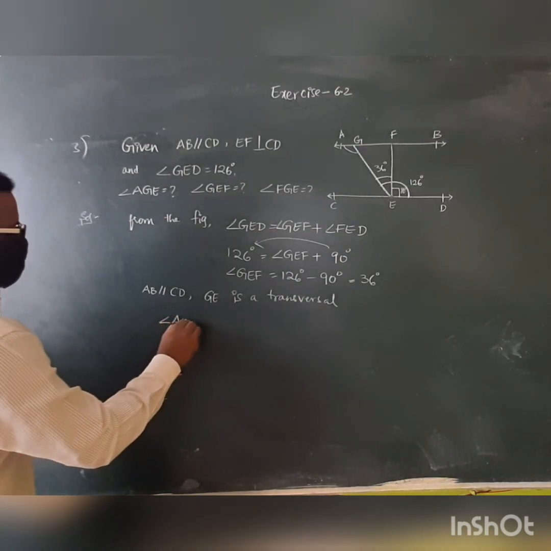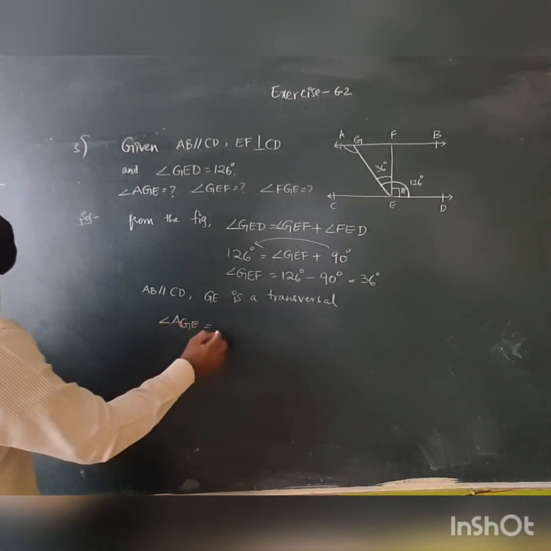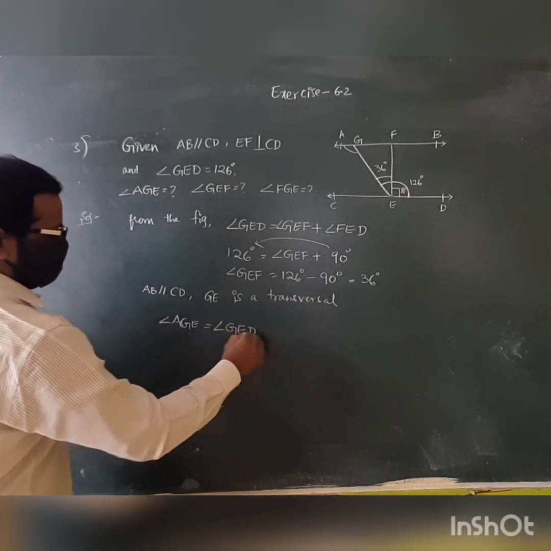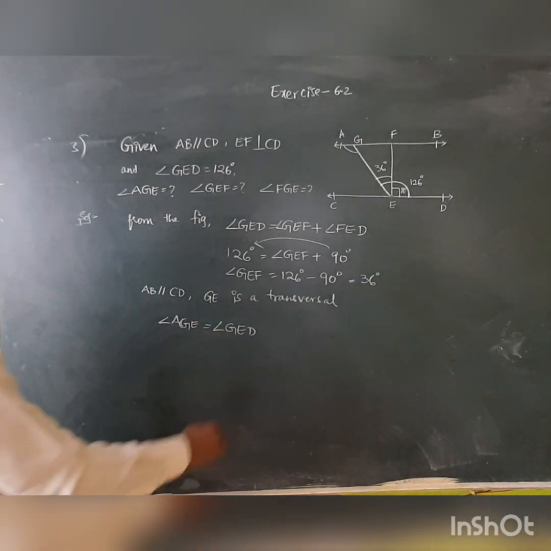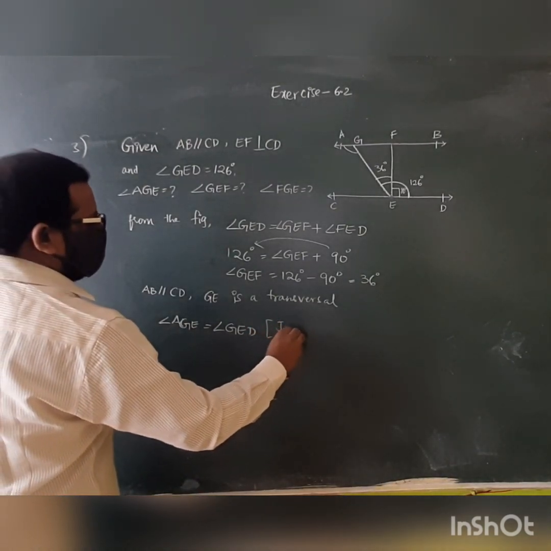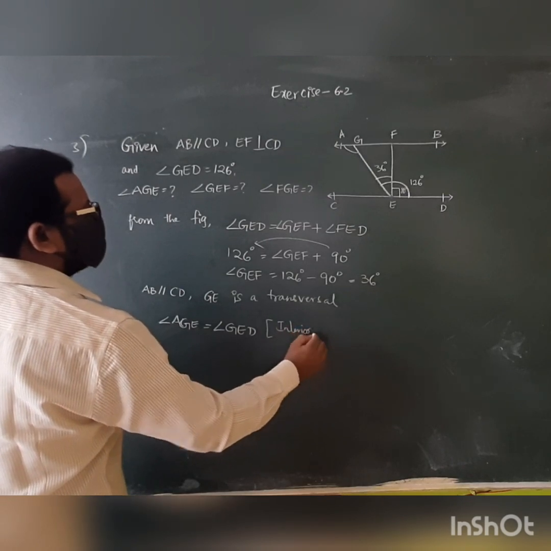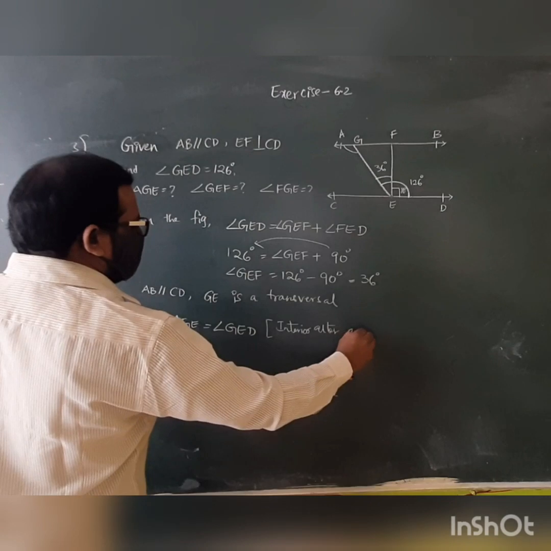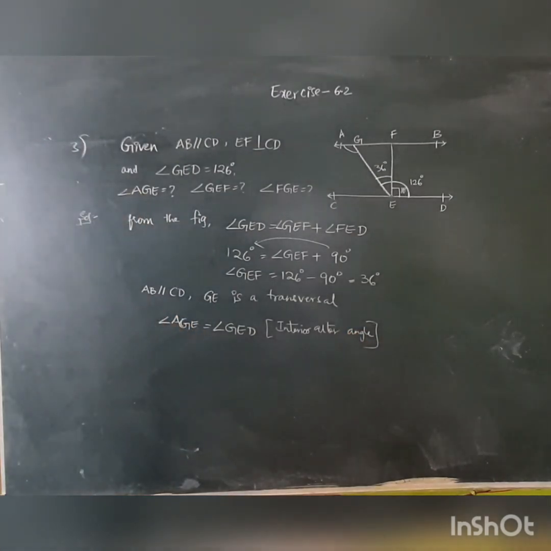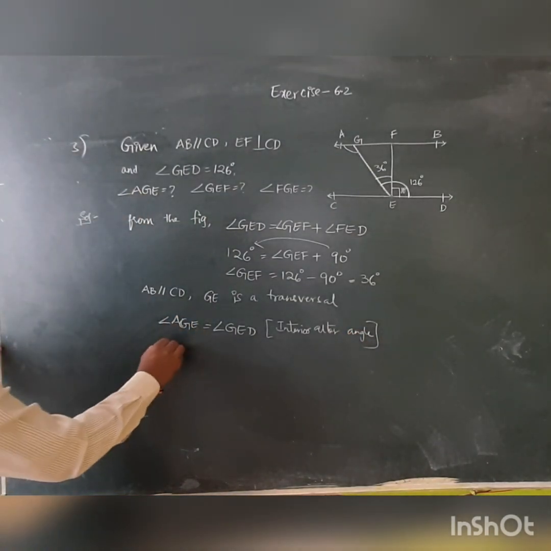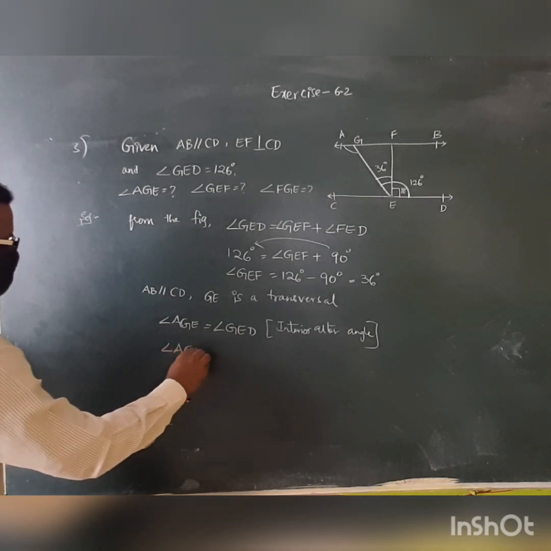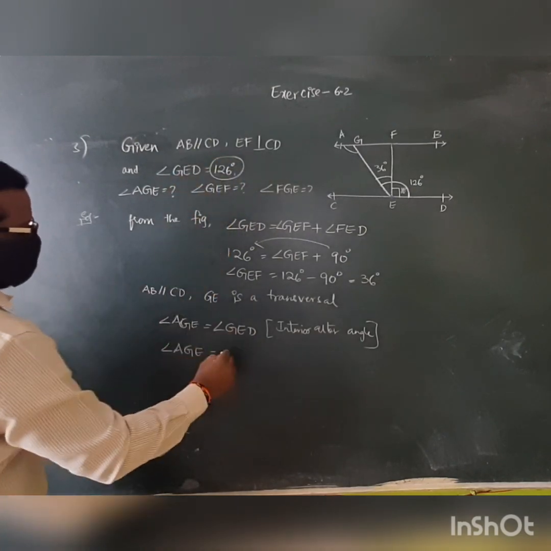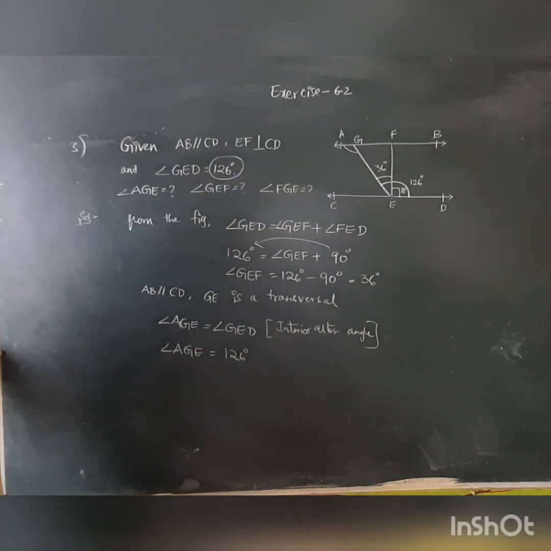Angle AGE is equal to angle GED. The reason behind this is interior alternate angles. So angle AGE is equal to GED. Already we know its value is given here, that is 126. So its value is 126.